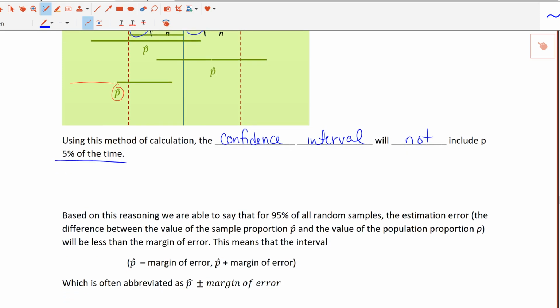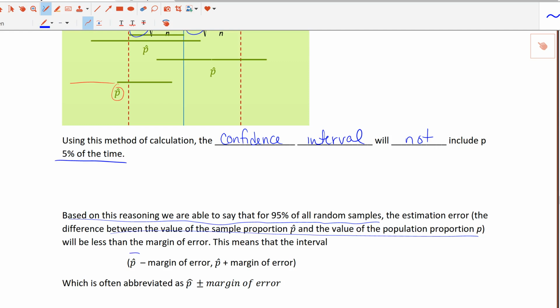Okay, so based on what we were just looking at, we are able to say that for 95% of all random samples, the estimation error, which is the difference between the value of the sample proportion and the value of the population proportion, will be less than the margin of error.